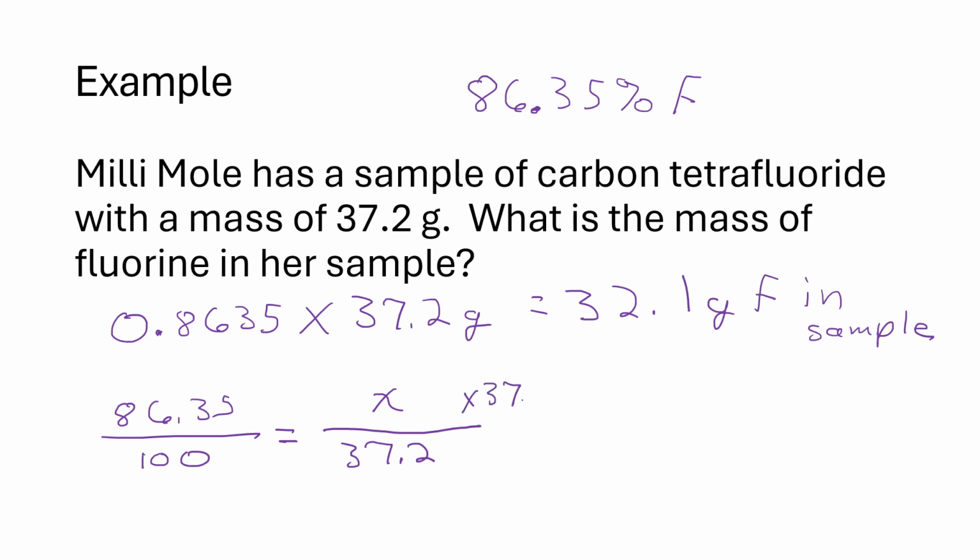So times 37.2 and times 37.2. The 37.2's cancel out on the right, and x is 37.2 times 86.35 divided by 100, which is the identical math to what I did up above. So x is equal to 32.1 grams of fluorine.